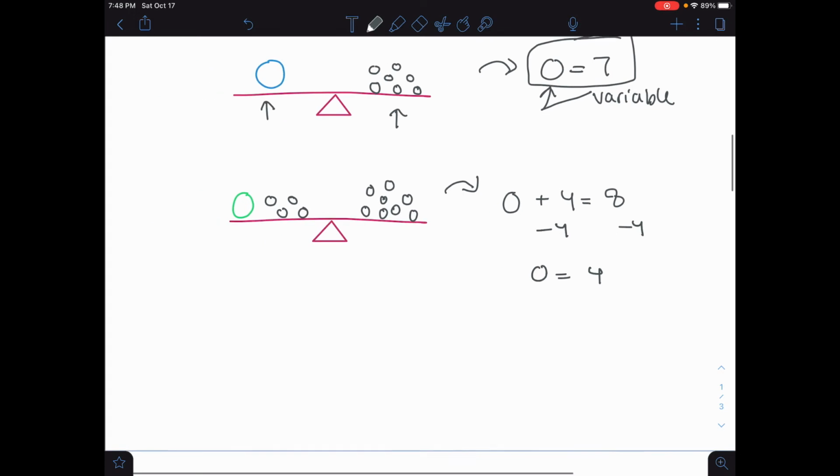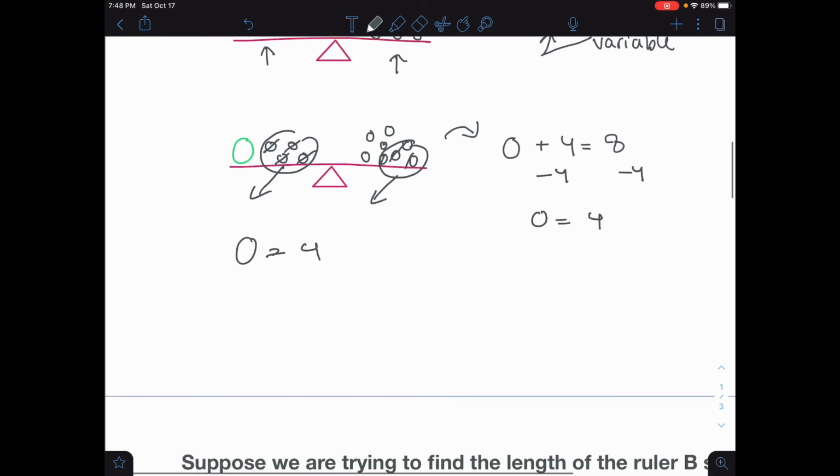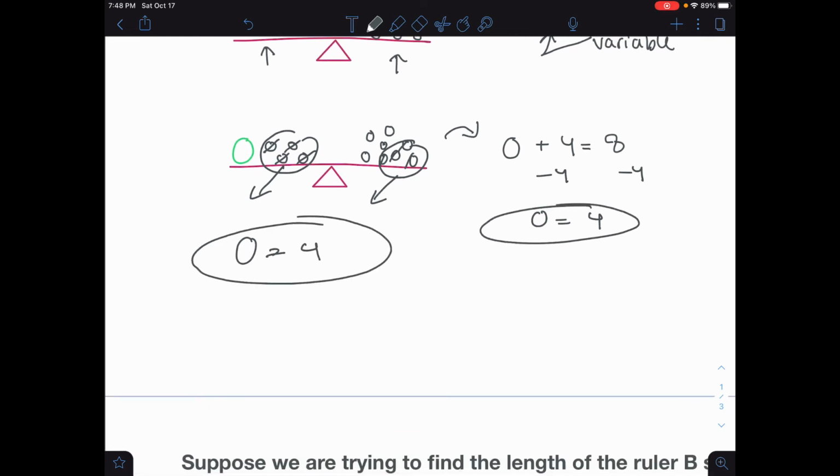And in this seesaw scenario, if we take off 4 dots from each side, we're just removing them, we can see that we are left with circle equals 4. And therefore, we're getting the same equation, whether we do it visually or algebraically.